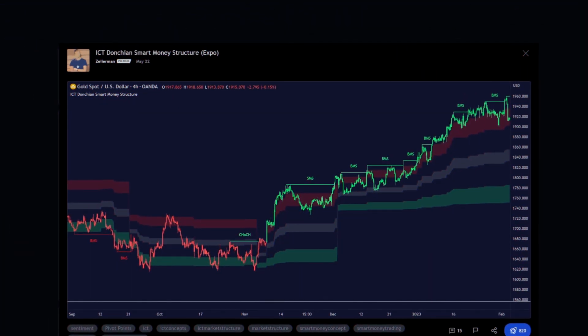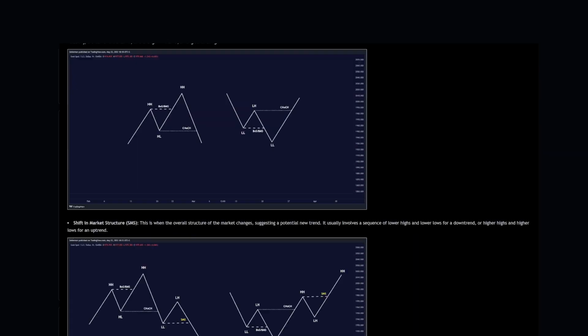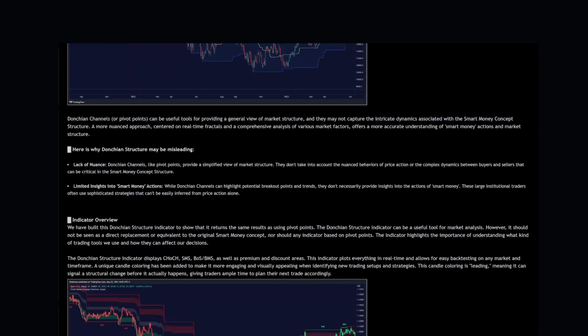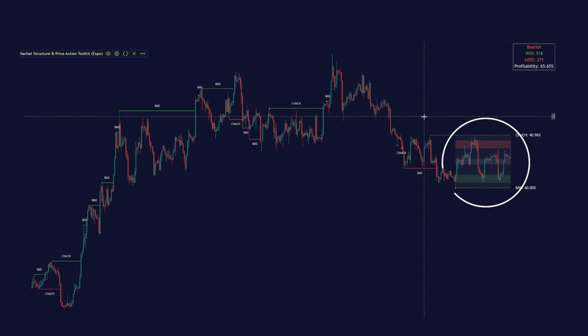Read more about the differences between these in this article. We have explained how it works. We have the main structure and we also have the main live range with the premium zone and with the discount zone. This tool helps you understand the market structure and to trade smart money concept techniques.